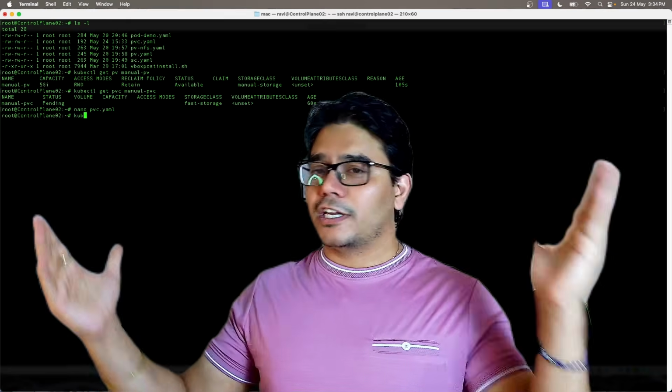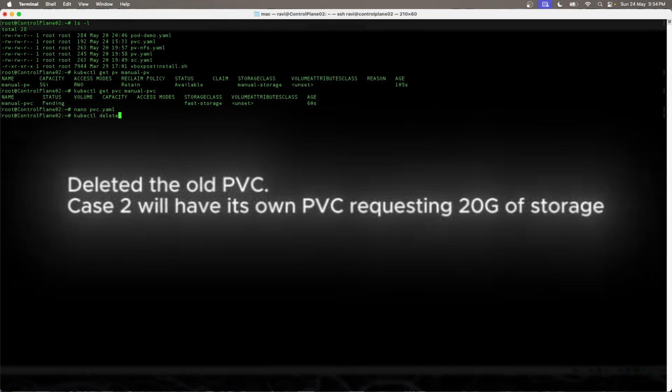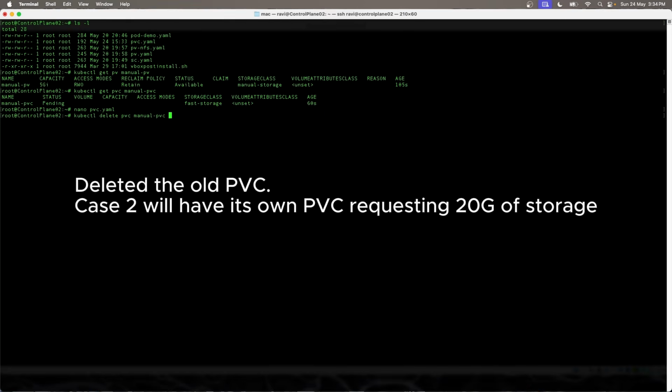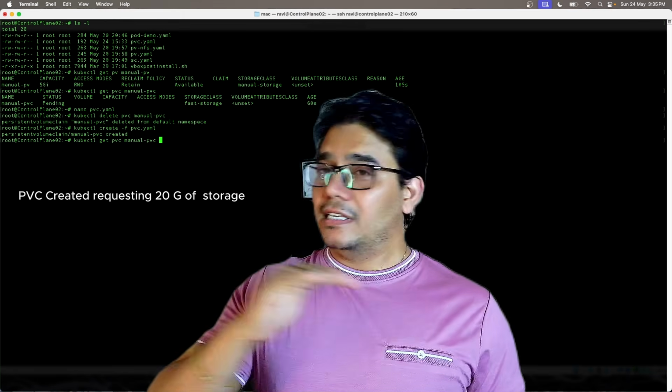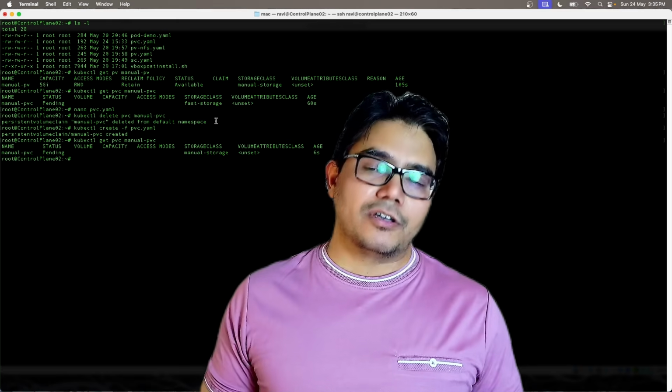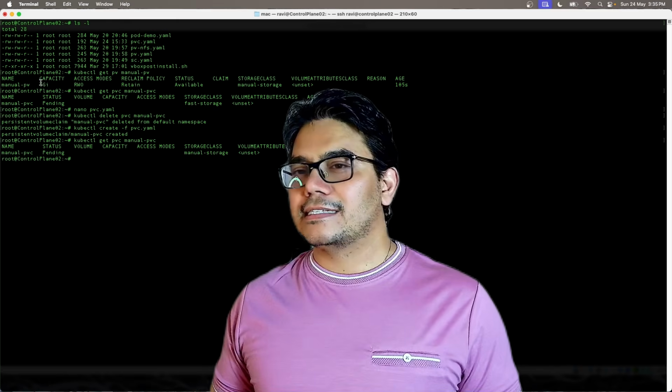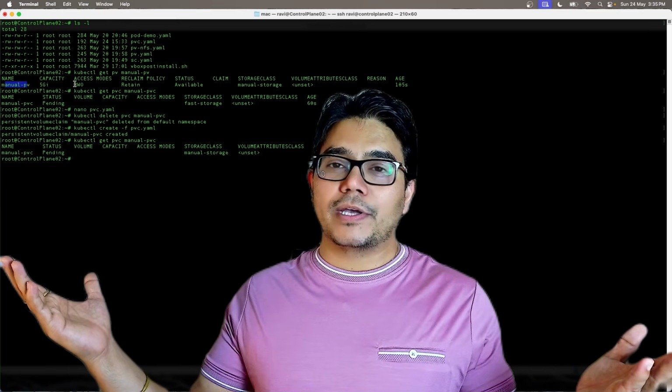Our PVC is requesting 20 gigs. But PV can only provide 5 gigs of space max. So Kubernetes says, I cannot satisfy this request and PVC remains pending.